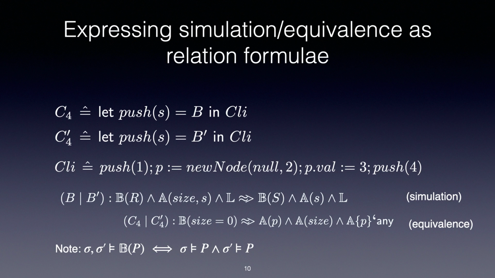Okay, so we have seen what C4 and C4 dash are. These are the linked programs, comprising the linked client with the two different implementations B and B dash. Here is the client that we have seen before: push 1 followed by an allocation, followed by p dot val gets 3, followed by another push.